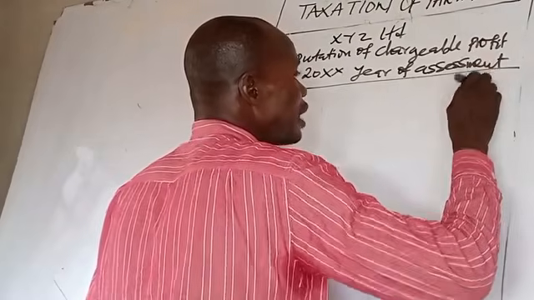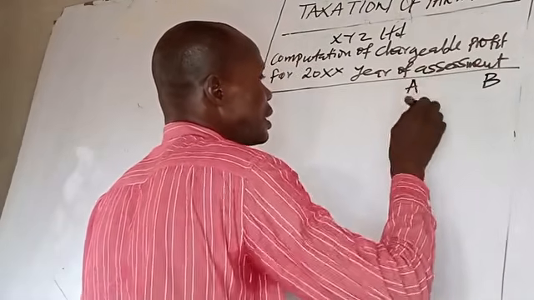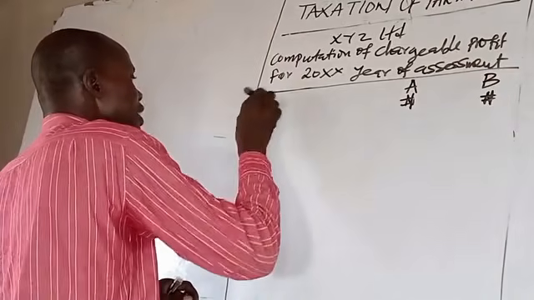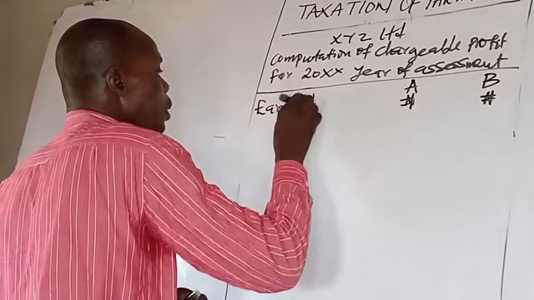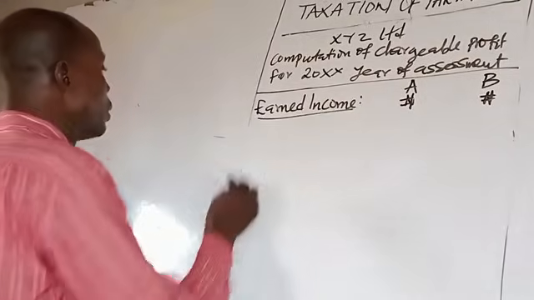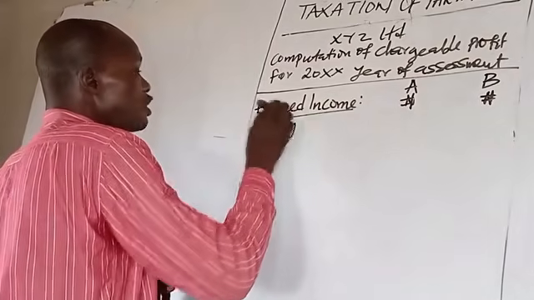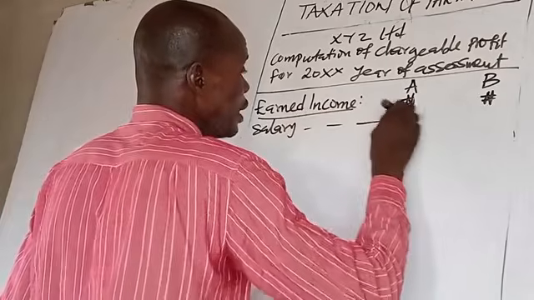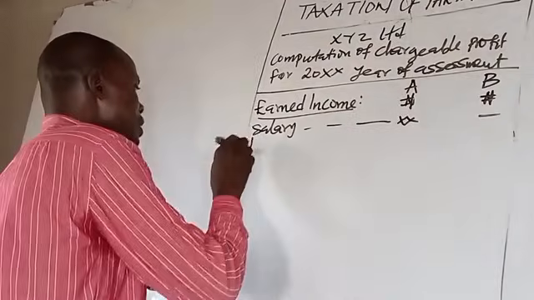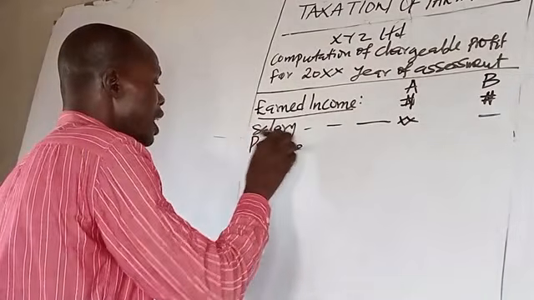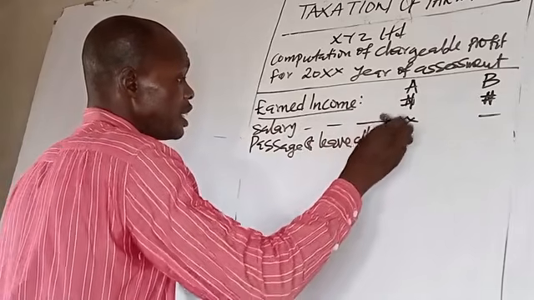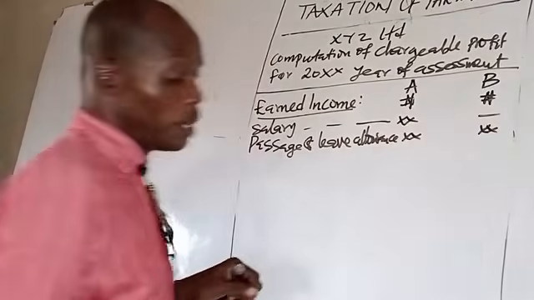Now, let's assume A and B are the partners. Then you start with earned income. Your earned income includes salary. Let's assume the salary is paid to A. Then passage and leave allowance, if any, paid to the partners.